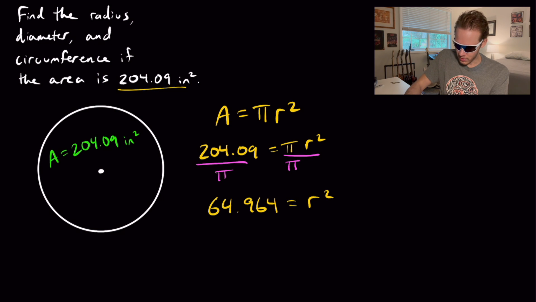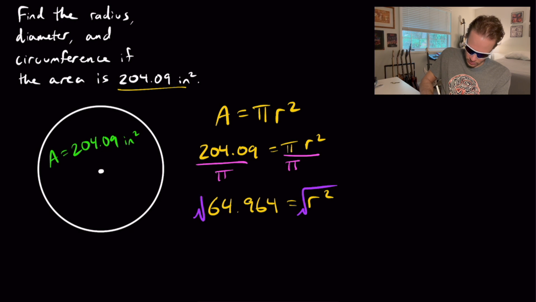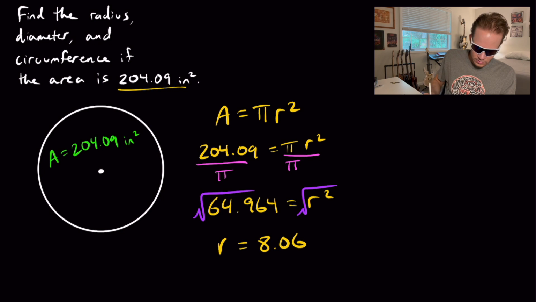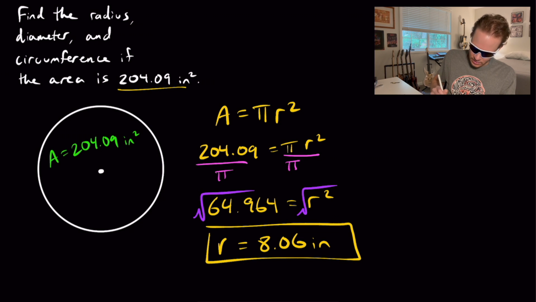So the way that we're going to undo this r squared is to take the square root of both sides. So if we do that, we will get r is equal to 8.06 inches. So there is our radius.